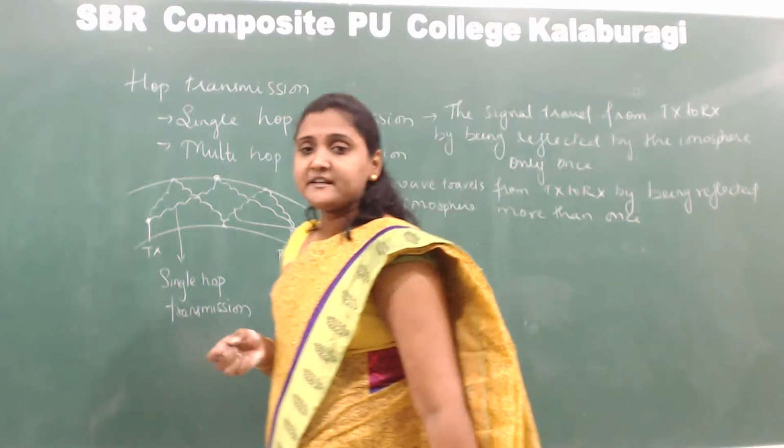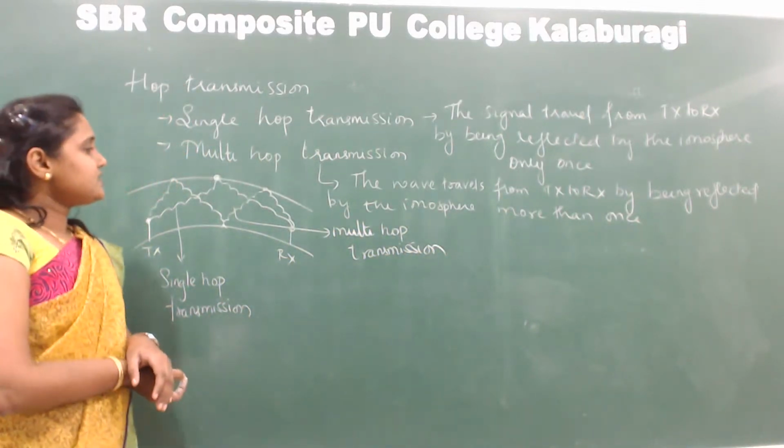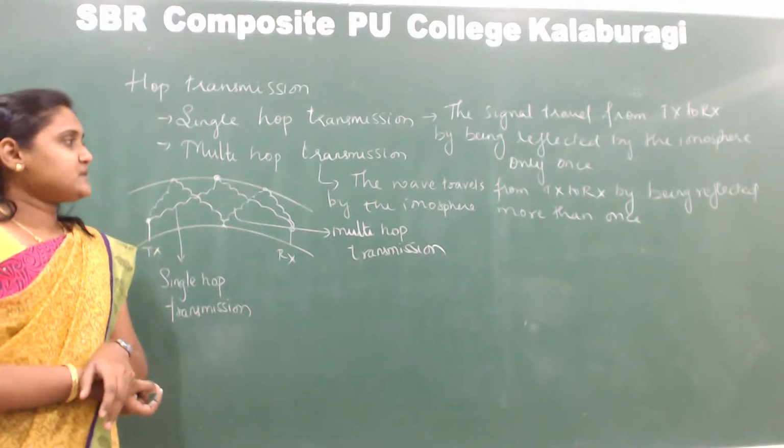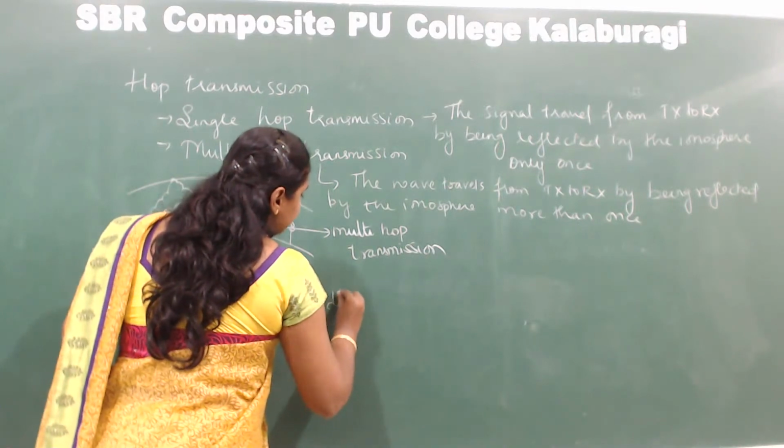So it is reflected by the ionosphere more than once. Such type of transmission is called as what? Multi-hop transmission.